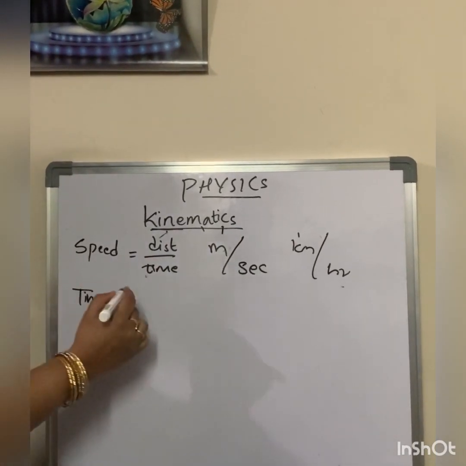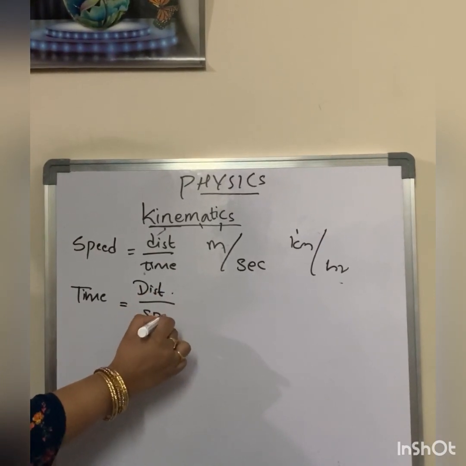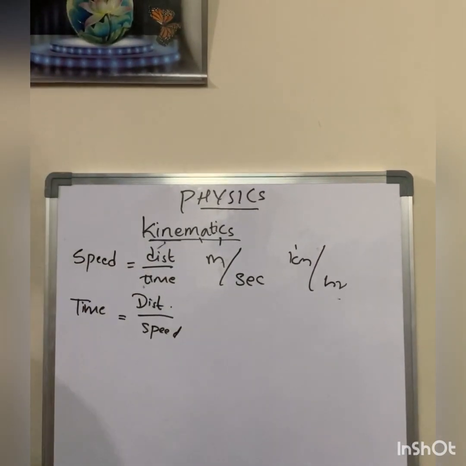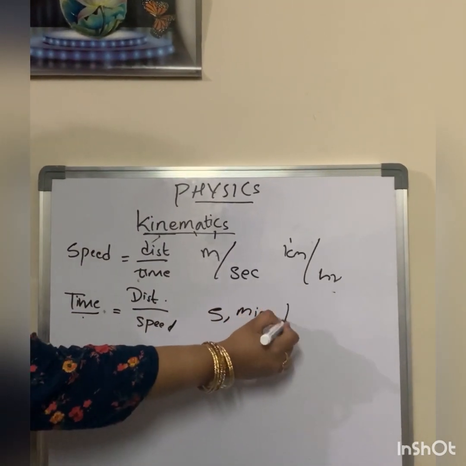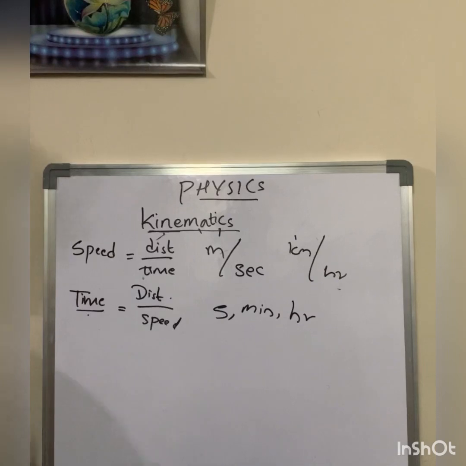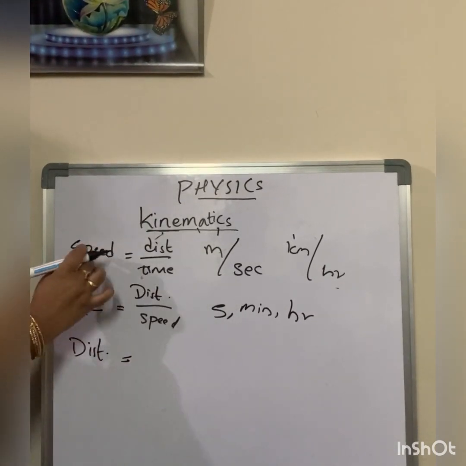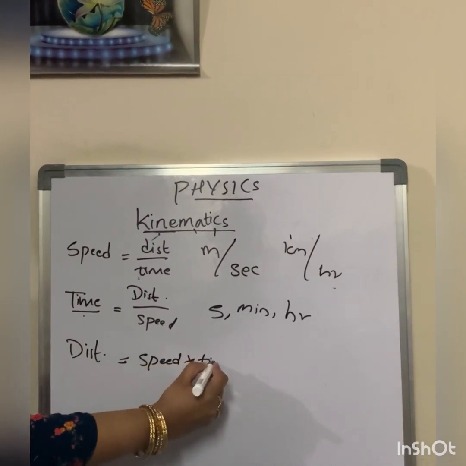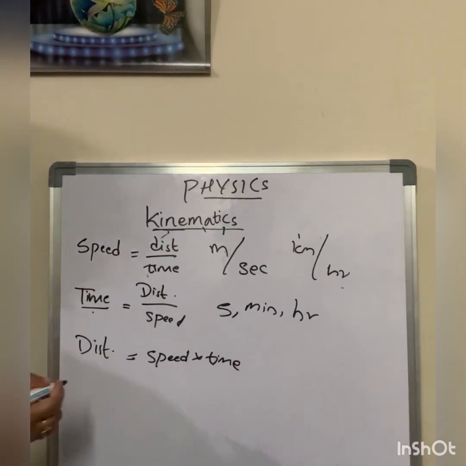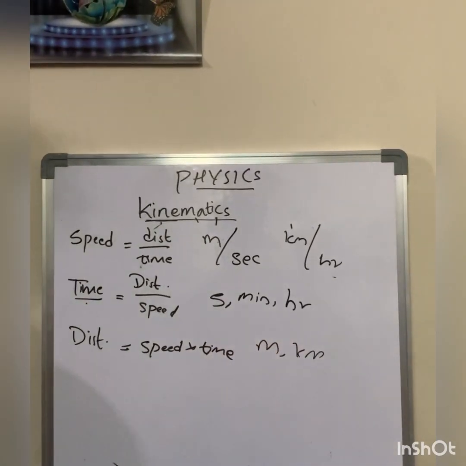Time is equal to distance by speed, interchanged. For time, units are seconds, minutes, hours. So next, to calculate distance, distance is equal to speed into time. That means in meter or kilometer.